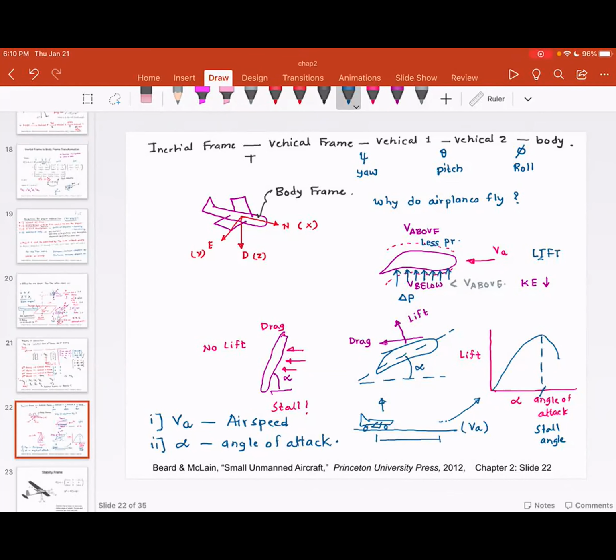Now, what this means is airspeed, which is the relative speed of the aircraft with respect to the surrounding air. So I need to define this.